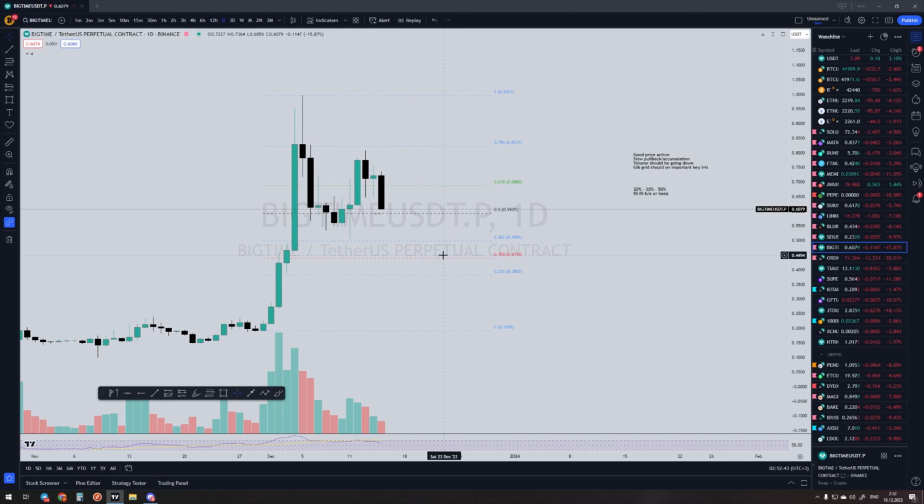If you see the market is strong and you wanna keep these levels, and you see that the price is not going down hard, you can set your entry on 0.618, 0.5, and 0.382.